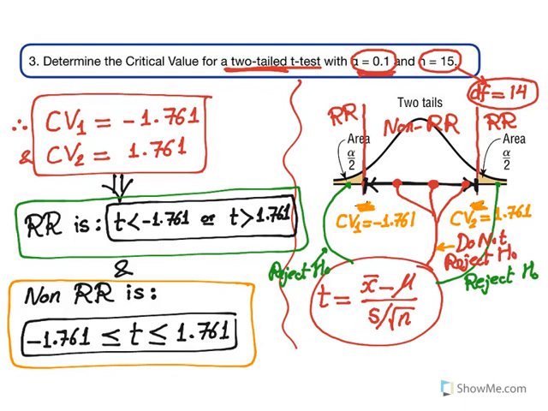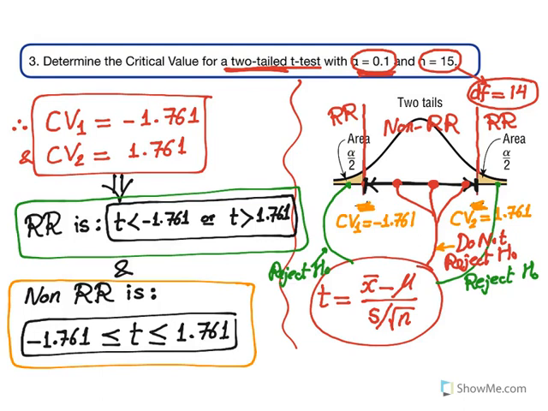Okay, and that's it about determining critical values for z-test and for t-test. The previous part was the z-test, this part is the t-test. You see the similarity between the two. The only difference is using the table. For the z-test, you use the z-table. For the t-test, you use the t-table.